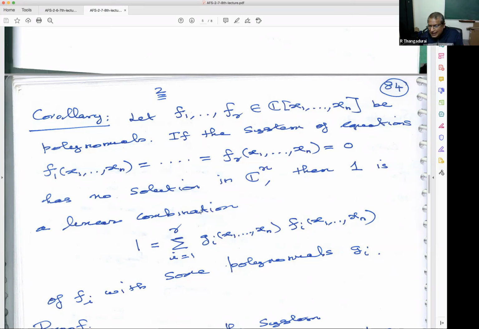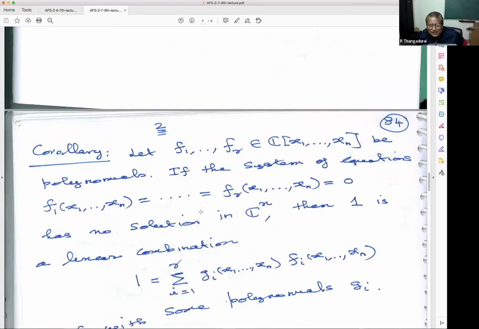It means the ideal generated by F1, F2, F3, ..., Fr is the whole ring. Then of course the quotient ring becomes a 0 ring. The 0 ring doesn't have a maximal ideal. Therefore the corresponding V will be empty. The algebraic variety will be empty. Is it clear what I'm saying?